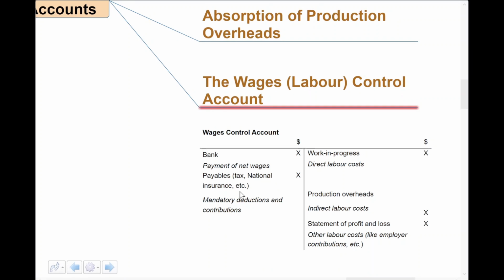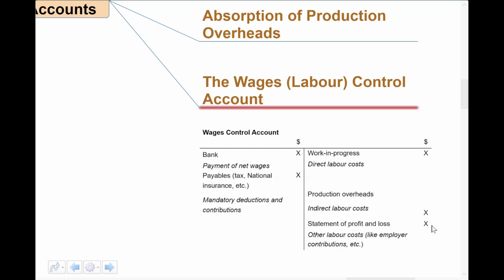So as I've mentioned up top, the wages control account really houses not just perhaps work in progress, some element of indirect labor costs, etc. And indeed on the left-hand side, the various deductions in terms of what's been paid out in net wages, which was Journal 1, and indeed what's to be paid or paid out to the tax authorities.